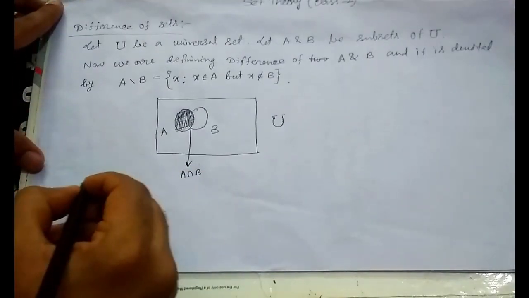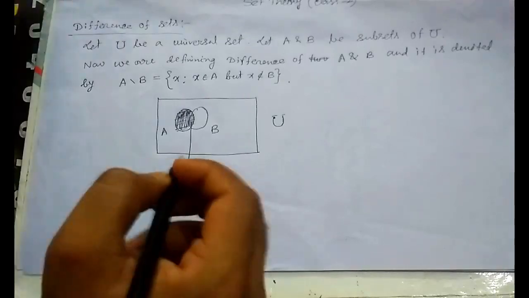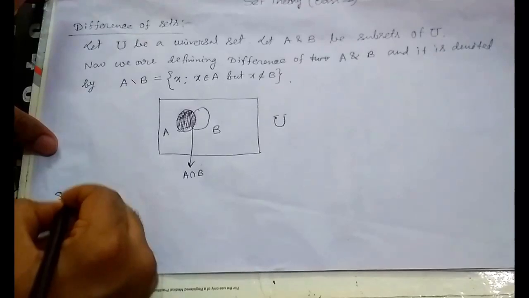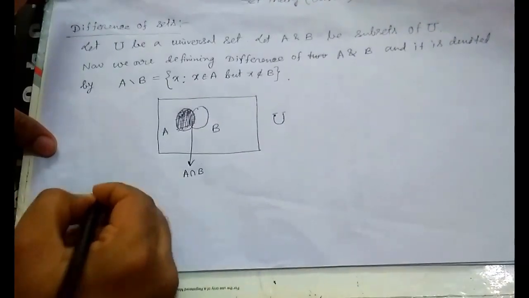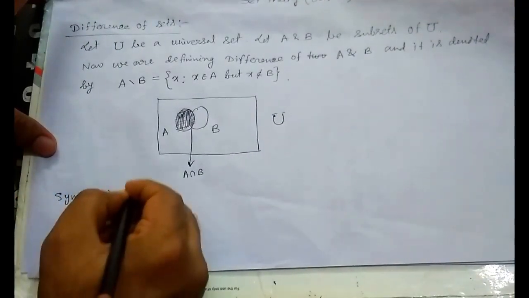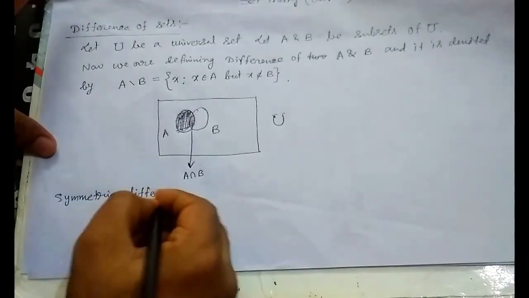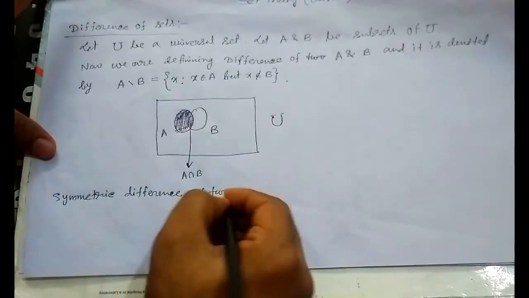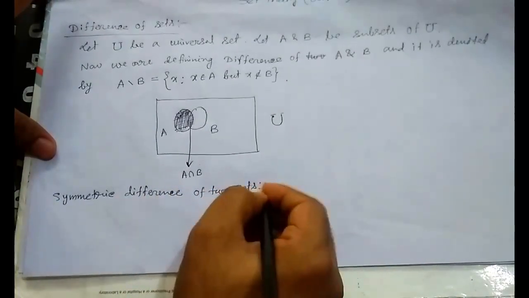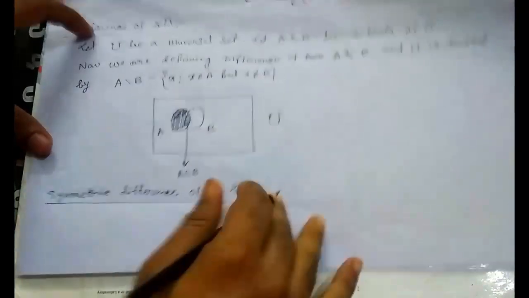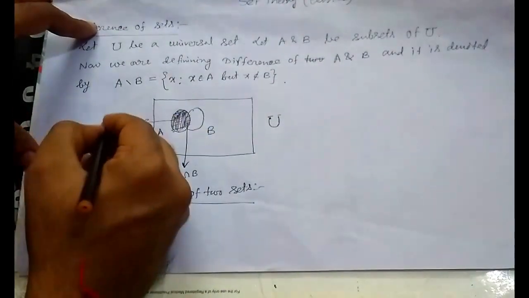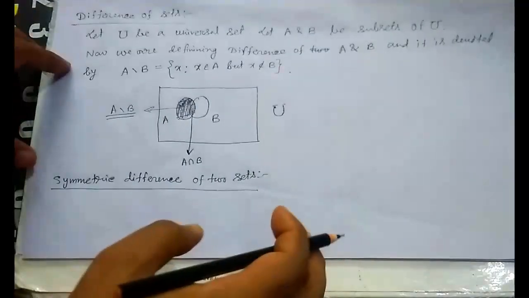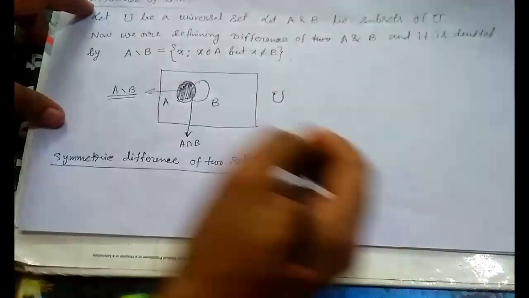Okay, now I am defining the symmetric difference of two sets. This is our A minus B, only this region. Okay, so symmetric difference of two sets.